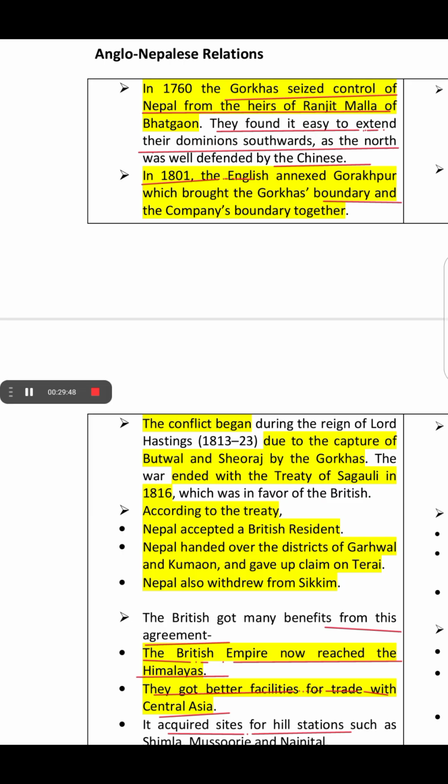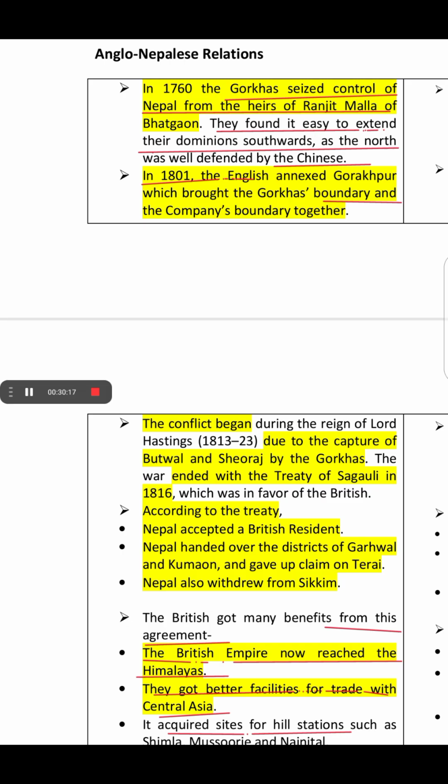The British stationed a resident, that is a British representative, in Kathmandu, reducing Nepal's independence. Even though Nepal lost, the British admired the Gorkha soldiers for their bravery, and started recruiting Gorkhas into their own army, forming the famous Gorkha regiment.